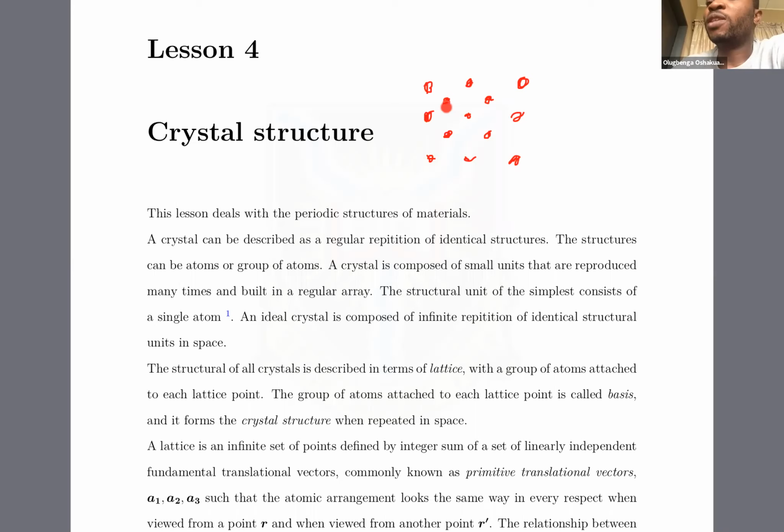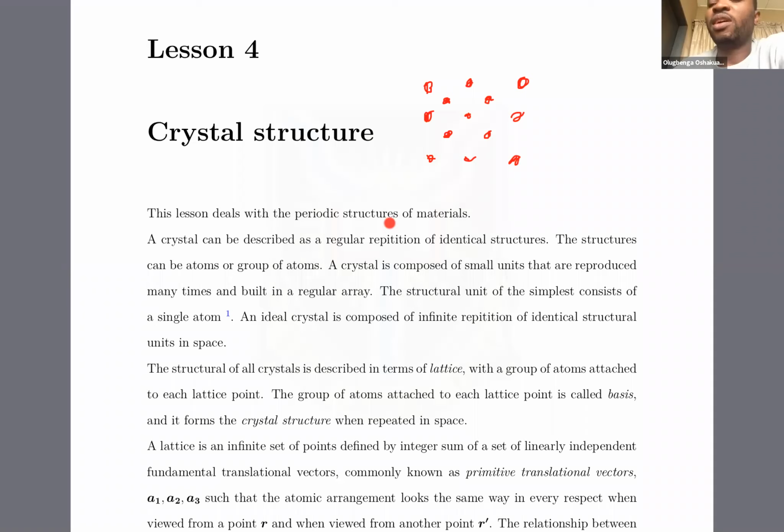When some points are occupied by things that are not copper, we can no longer call it a crystal structure, because when it is crystalline, the repetition will be uniform. When you go to the left, go to the right, move up, move down, move in, move out, it will still be identical.